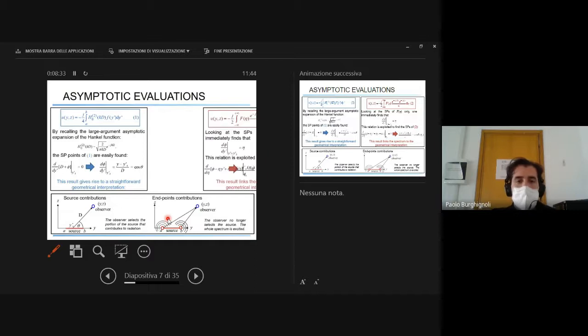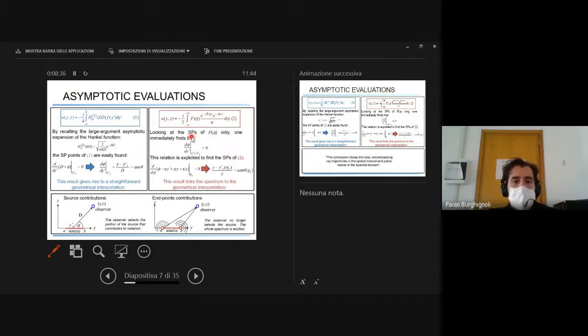The same interpretation can be obtained if we use the other spectral representation of the field, and basically you get the same result, by again evaluating the saddle points of this integral here. And this result again links the spectrum to the same geometrical interpretation.